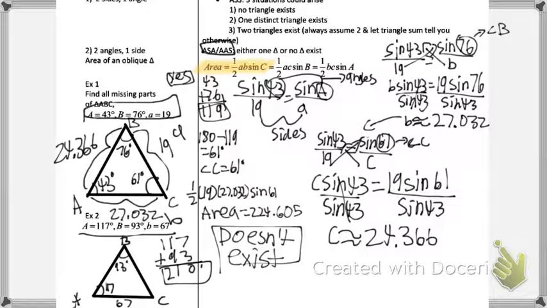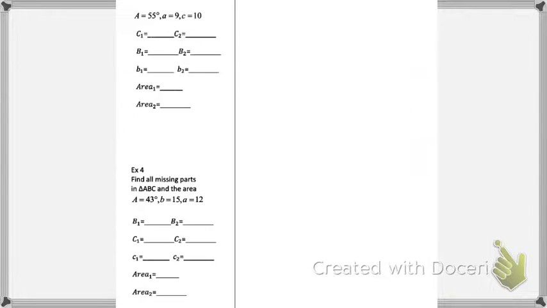So always make sure to do triangle sum before you solve for a triangle because in these types of cases I noticed kids would just solve for it and they would always get answers wrong because they don't do triangle sum first. And let's go to the next page.